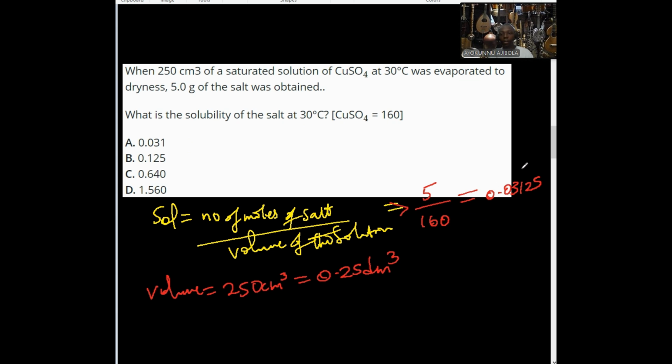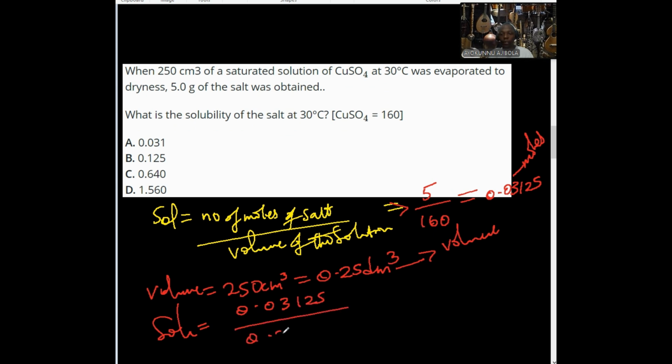So this is the number of moles, and this is the volume. The solubility now will be the number of moles, which is 0.03125, divided by the volume, which is 0.25. So divide this and see what your answer should be.